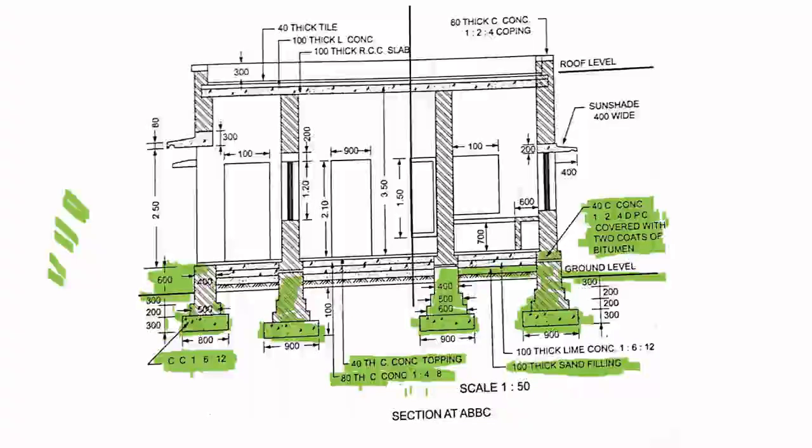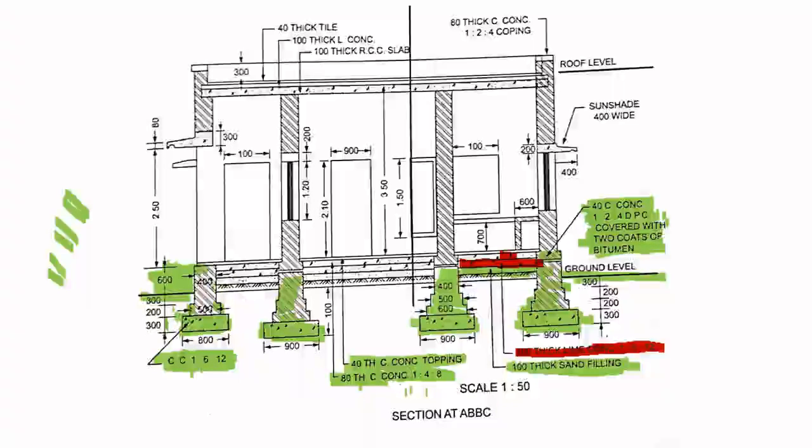Now this layer, you have 100 mm thick lime concrete of 1:6:12. So above this layer is 40 mm cement concrete 1:2:4 damp proof coating. Damp proof course covered with 2 coats of bitumen.